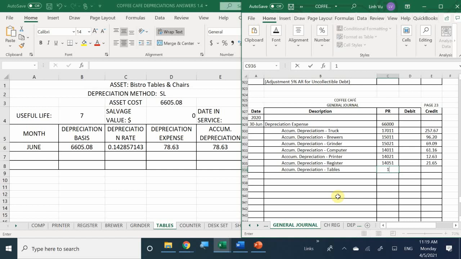That should be 13,011, for the grand total amount of $78.63.